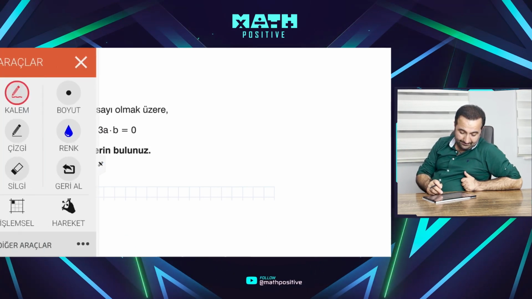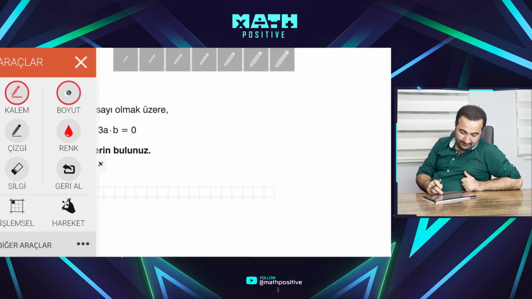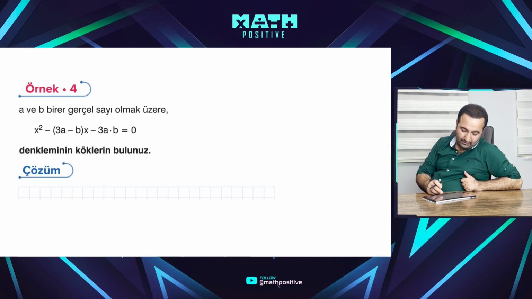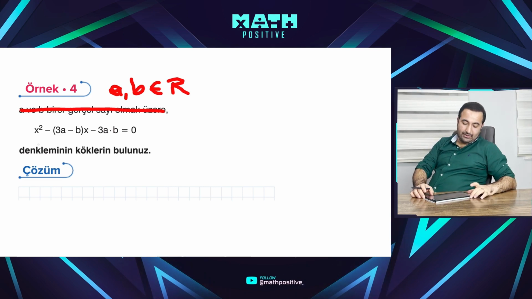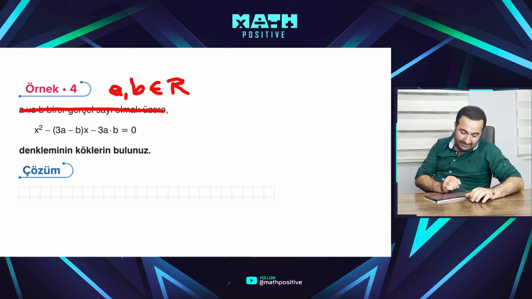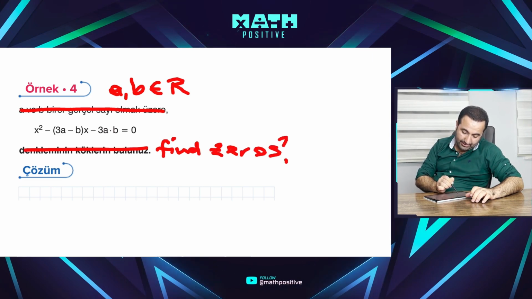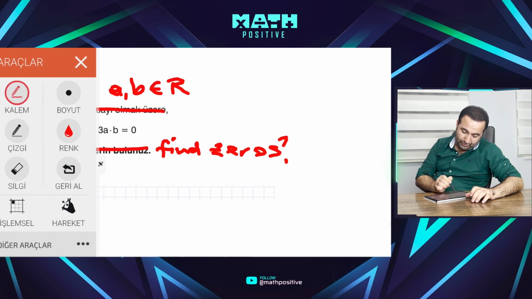The others, maybe this one, this is some sort of letters. Okay, our question says a and b are reals, and we have this equation. Find roots.